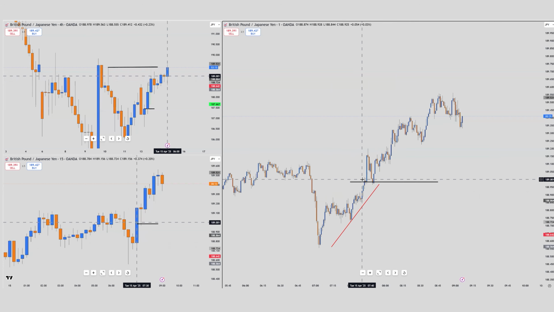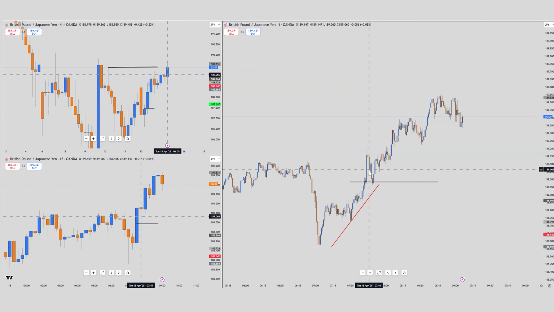As this candle opens, you can see that price pushes bullish, indicating this bullish sentiment. And then we have a retracement, creating a higher low. If we look at the trend line here, you can see clearly that price is respecting this structure. So we have a higher low. We have price coming back to respect this trend line. And again, we have price coming back here to respect this trend line.